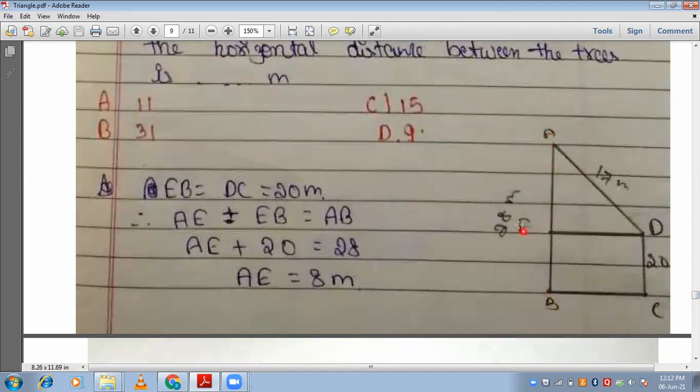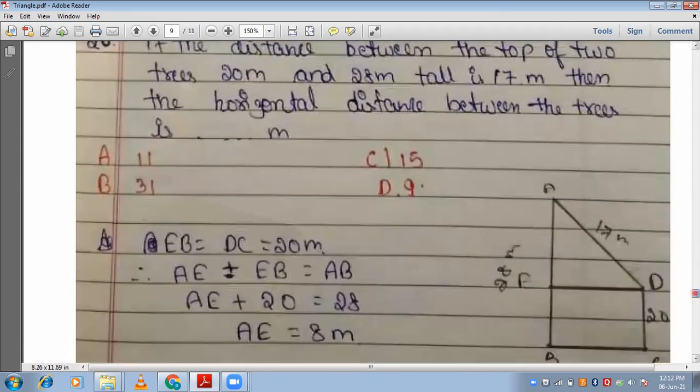AB is one tree of length 28 meter. And another one, tree CD, the length of the tree is 20 meter. The distance from the top of this tree to the top of this tree is 17 meter. Then you need to find the horizontal distance. This is the question mark. Okay, so observe here.